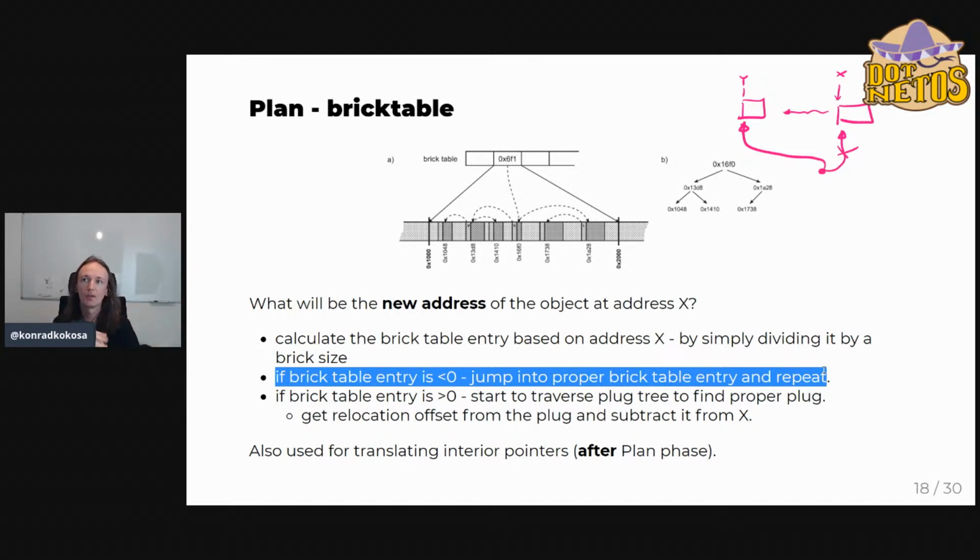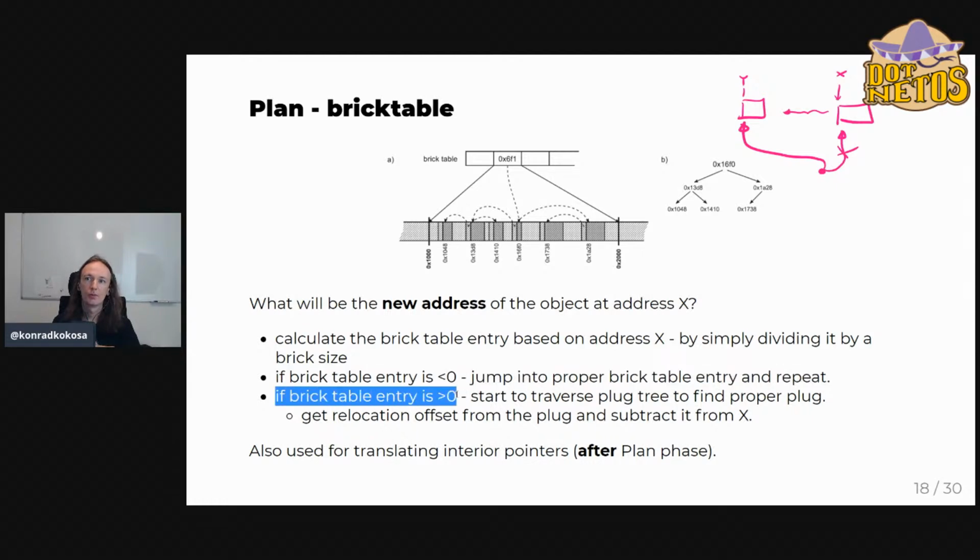So a negative index simply means that this brick is covering a plug that started somewhere else, so you need to jump over to this particular brick table entry, and there will be the beginning of this plug. So this is a kind of edge case. In the end, we will end up with a brick table entry which is bigger than 0, which now means we need to start to traverse this plug tree, and then we will have the information about the relocation offset in the plug that we find.